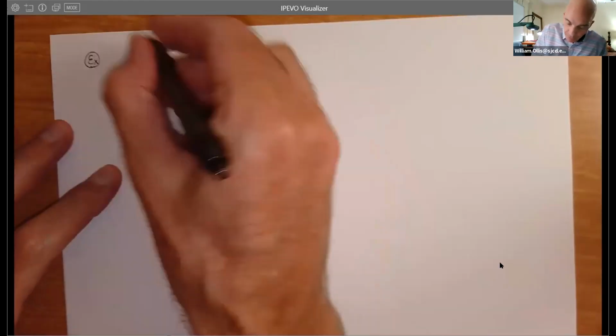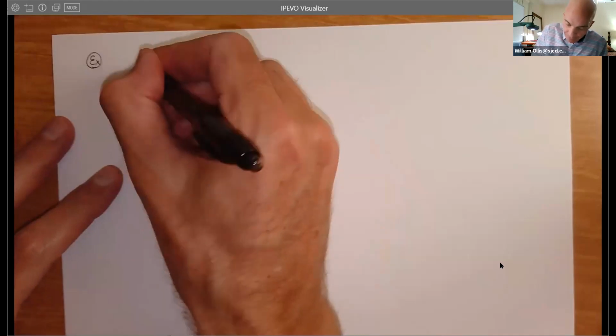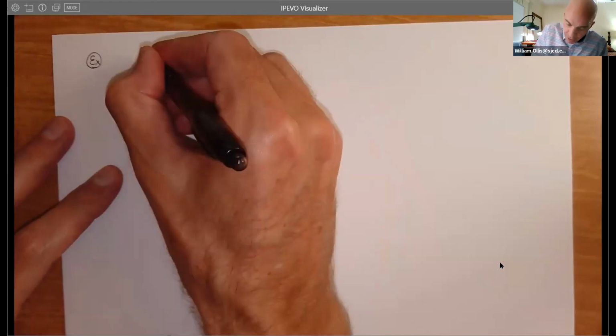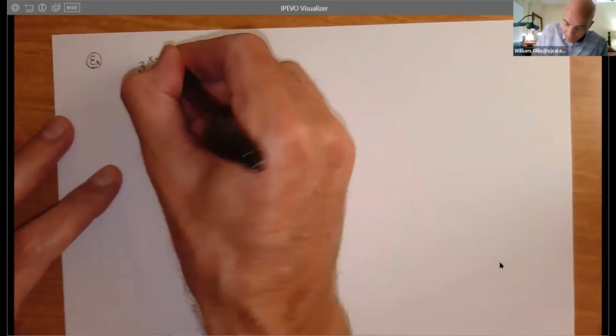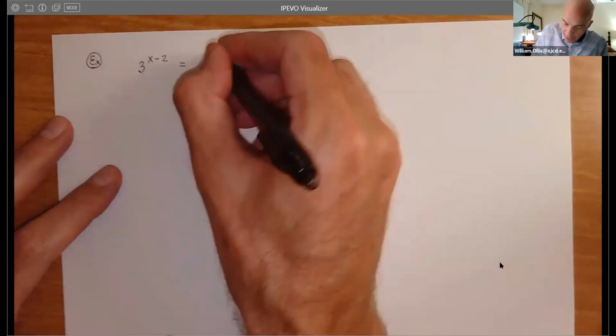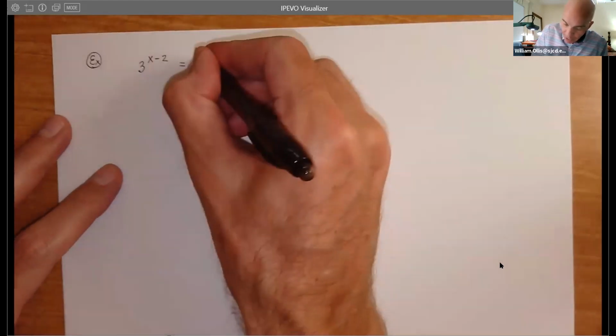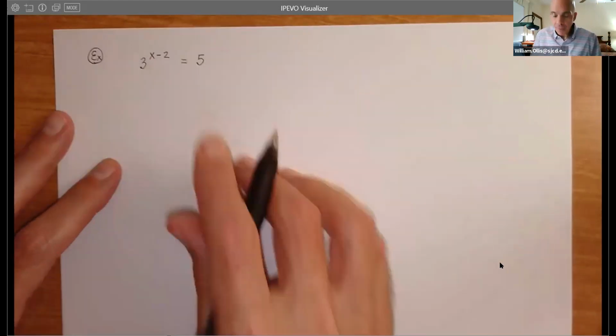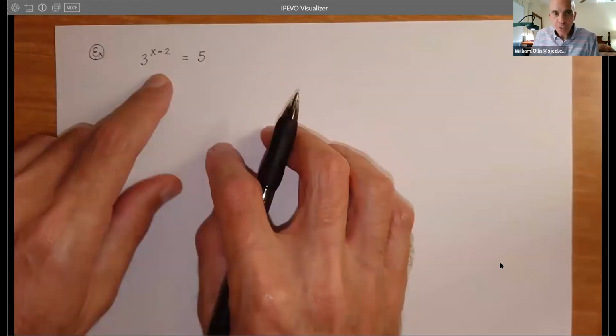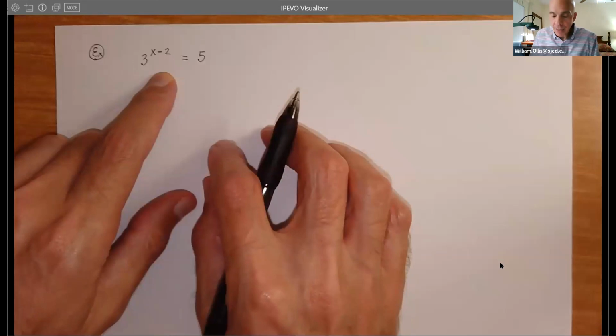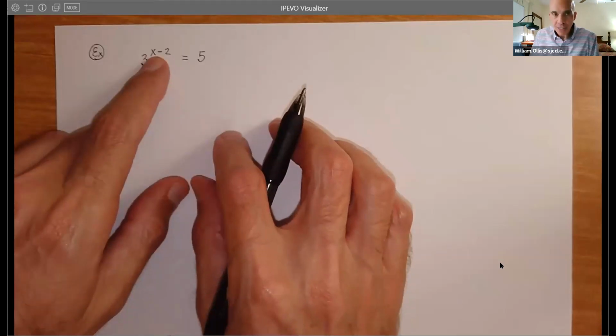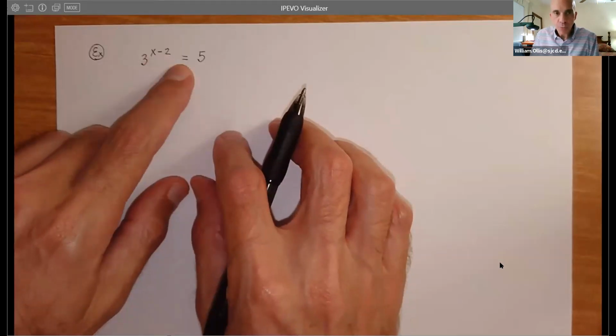Say we have 3 to the x minus 2 equals, I don't know, let's just say 5. So we've got an exponential equation. That is 3 raised to the x minus 2 power equals the real number 5.